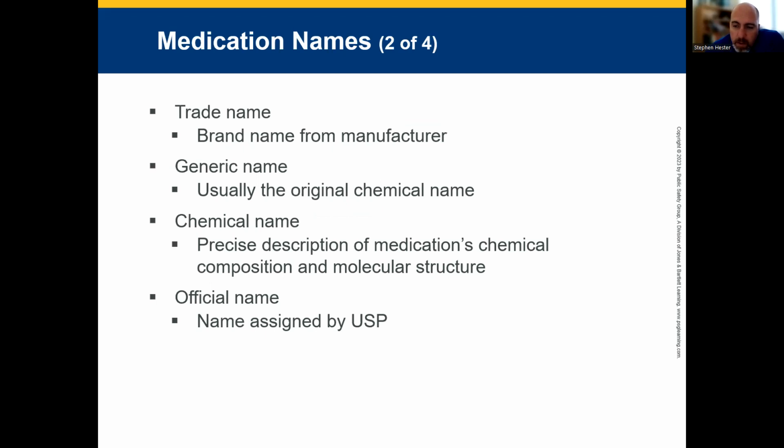The generic name is usually the original chemical name of the medication. It's usually suggested by the first manufacturer and approved by the FDA. And all medications licensed for use in the United States have their generic names placed in the United States Pharmacopeia. The chemical name is the precise description of the medication's chemical composition and molecular structure, and the official name is the name assigned to it by the USP.